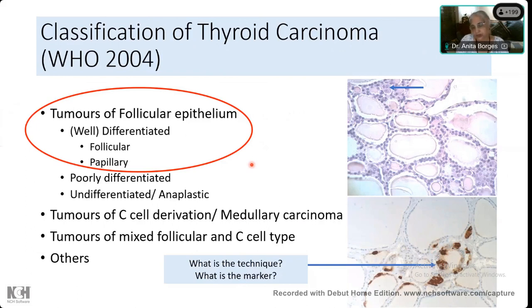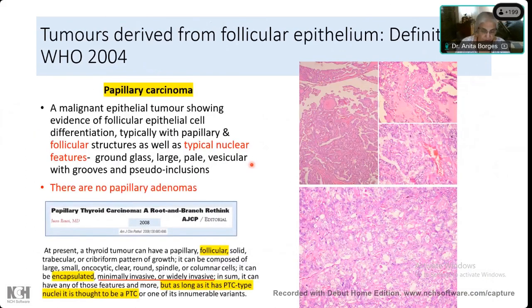All right, good. Now here are the definitions, and the definitions have remained more or less the same until what happened in 2022, and we will talk about that as we go along. In thyroid tumors, and it remained the same all the way up to 2017, we first defined a papillary carcinoma.